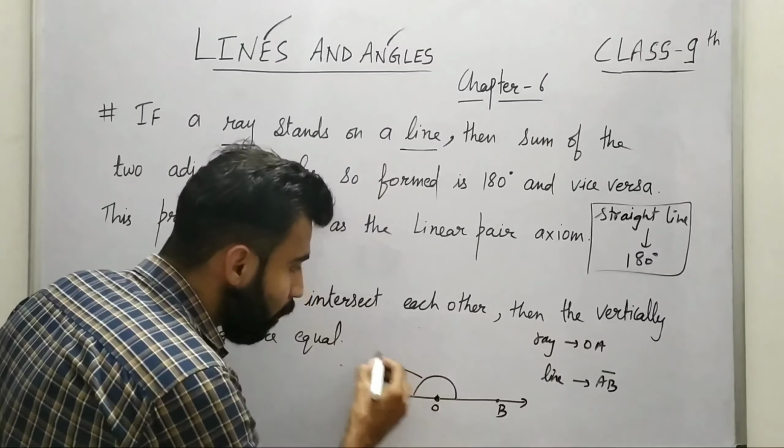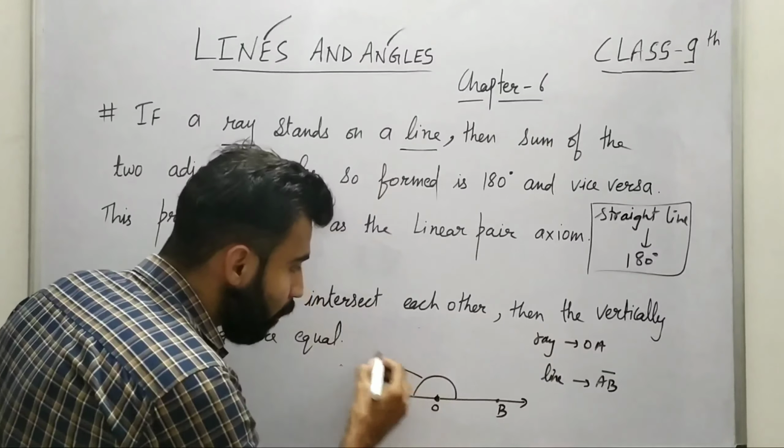Now let me redraw that ray here, which was named OA. Now you can see this ray is actually dividing the 180 degree angle in two parts, first one and then the second one. So the sum of both the angles will be 180, because a straight line has an angle of 180.